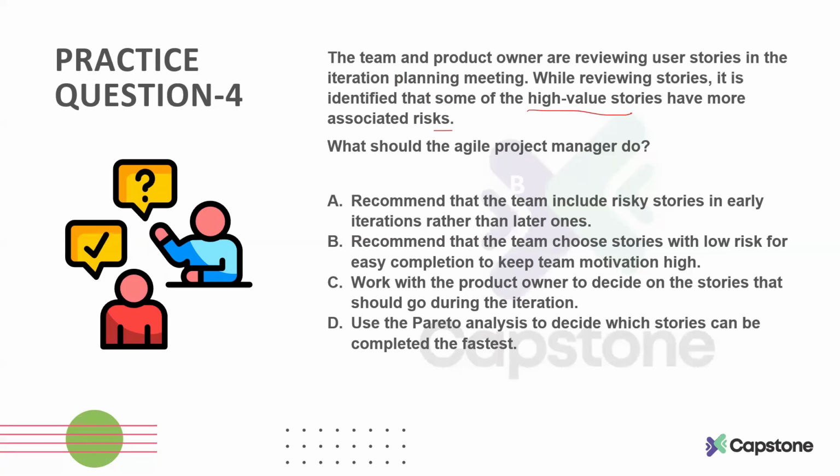Okay, Abdul Rafi is also saying D. Okay, so what happens in Agile? In Agile, we have a concept which is called risk adjusted backlog.